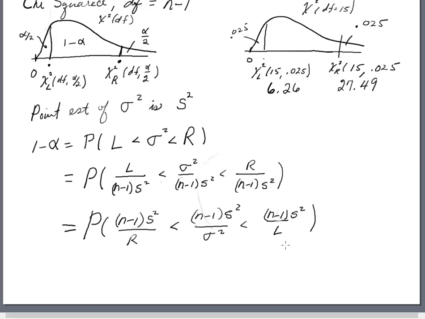But what's the big deal? Why did I do that? Well, I did that because now what I have in the middle here has a chi-square distribution with n minus 1 degrees of freedom.